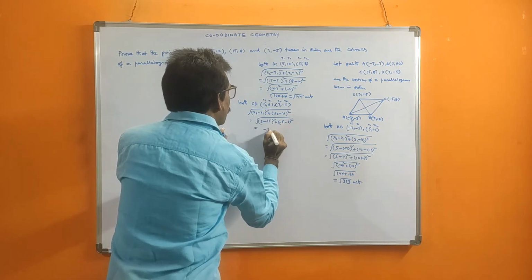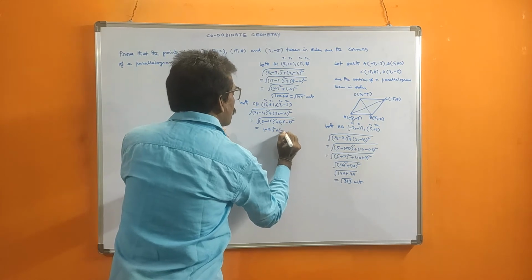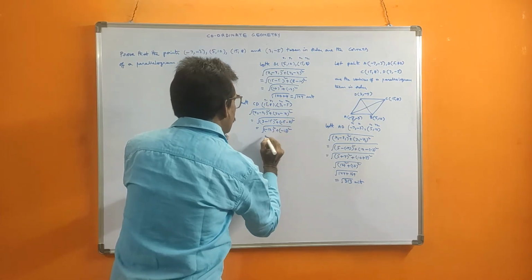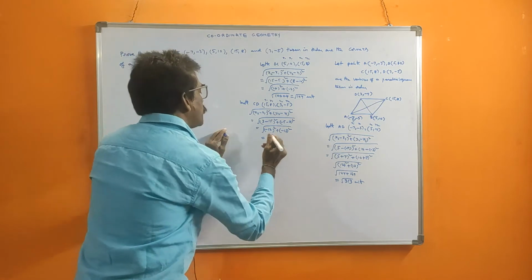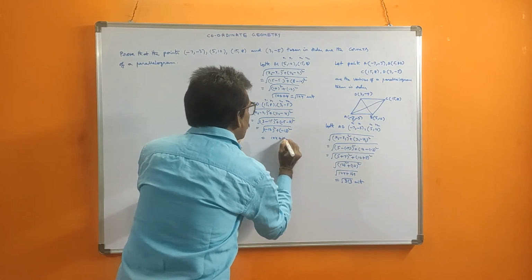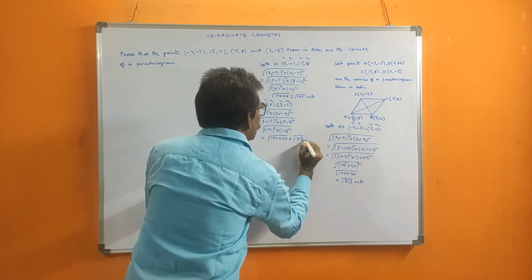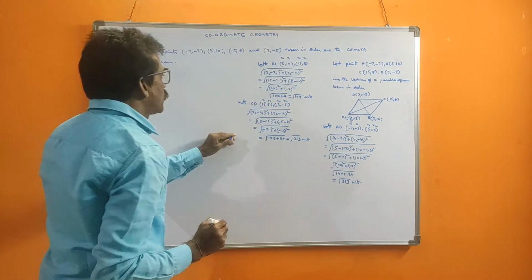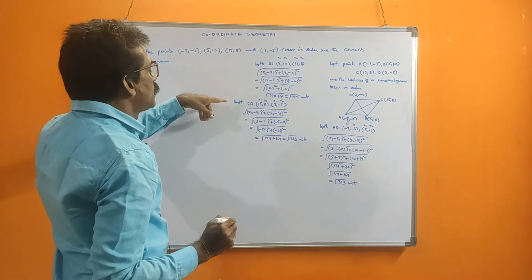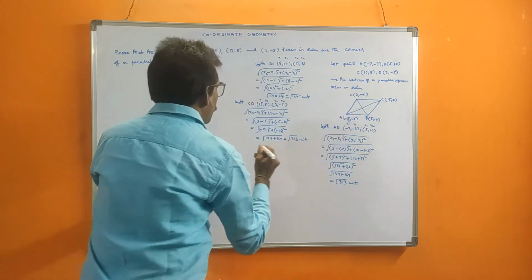This is minus 12 and minus 13, both are minus, square it. Now squaring minus means plus, 144 plus 169, that is root 313 units.